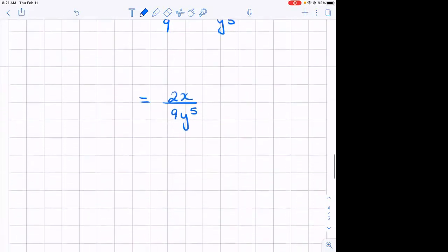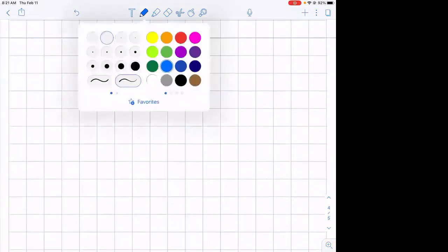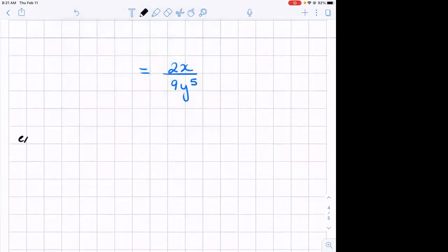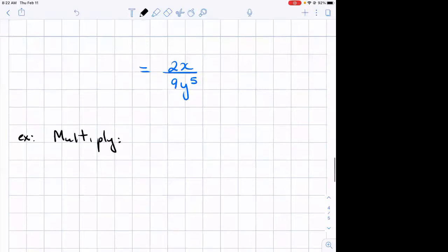Now, the whole idea of simplifying is really a process of factoring. So if you look at my next example, multiply, and remember, if you know multiplication well, then division is the same thing.